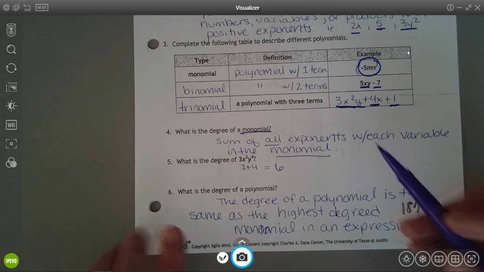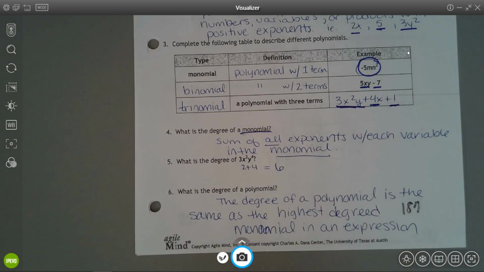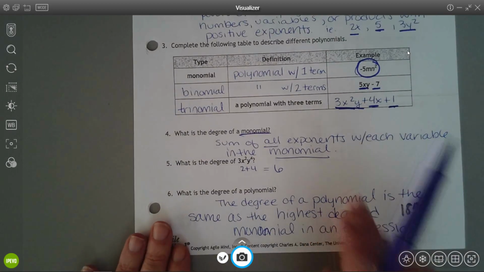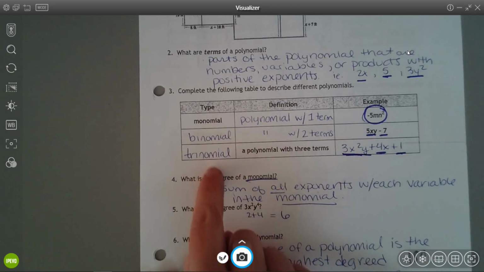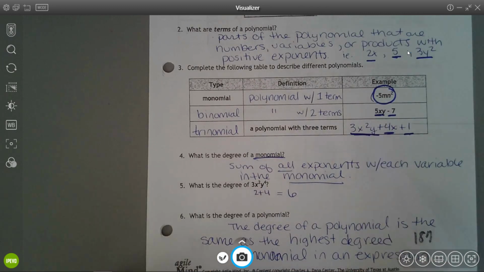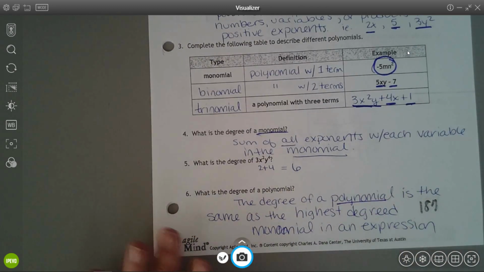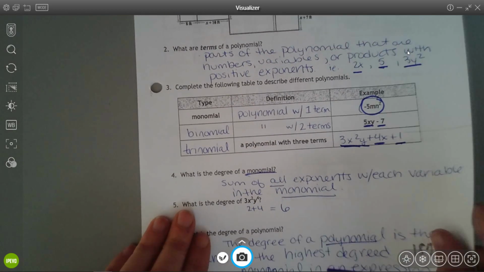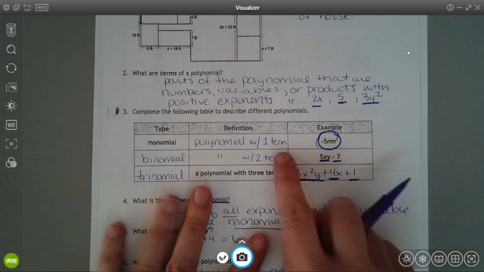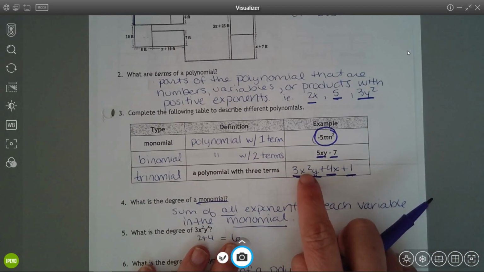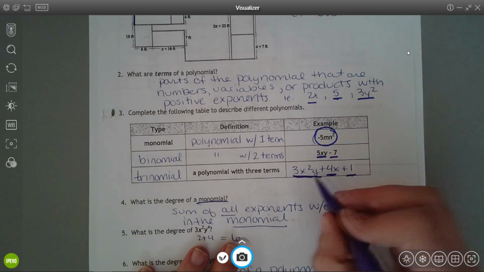What is the degree of a polynomial? How does this differ? Now remember, a polynomial is several different monomials put together in one. So the degree of a polynomial is the same as the highest degree monomial in the expression. For example, when I look up here, this monomial is 2 plus 1, so that's 3.